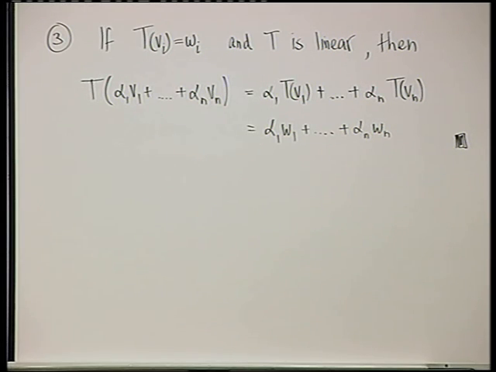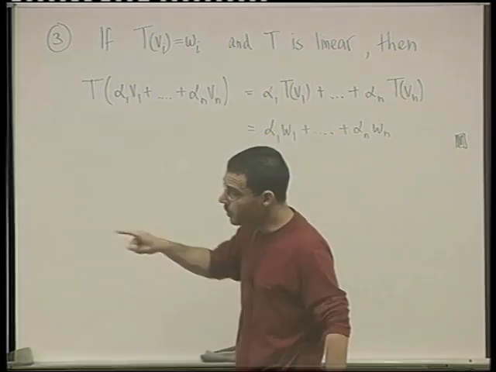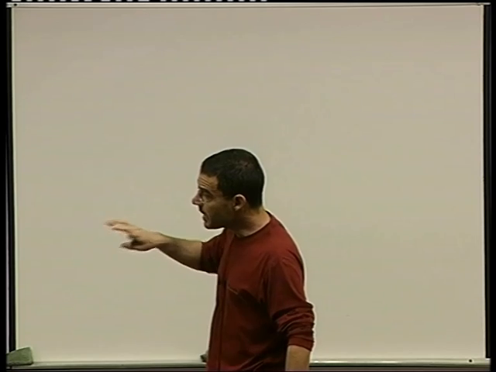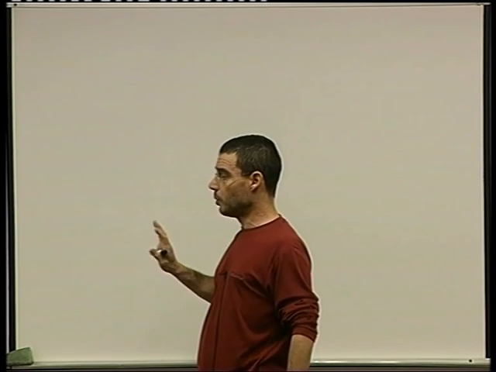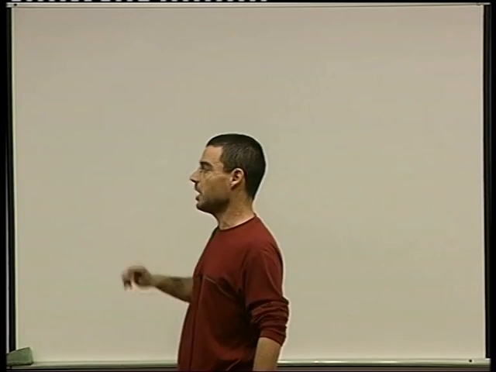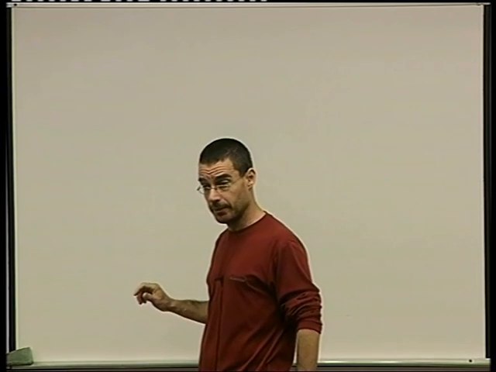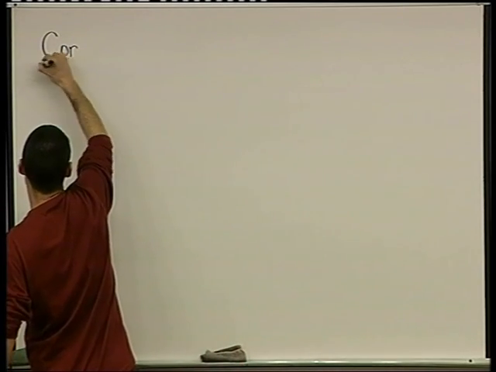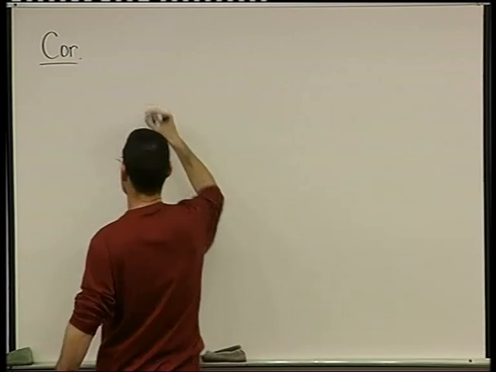No, but the third part is not related to the second part. The second part starts with the word if. The third part is not under the assumption that the if of the second part is satisfied. It's general. Okay, so corollary, and this is what we were interested in.